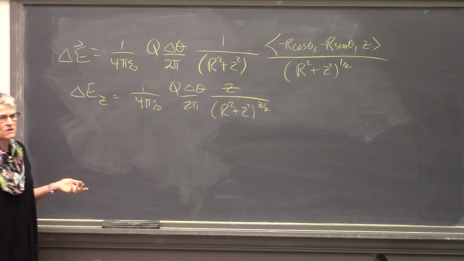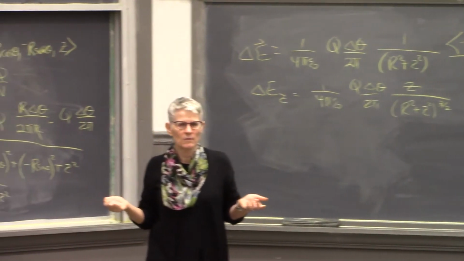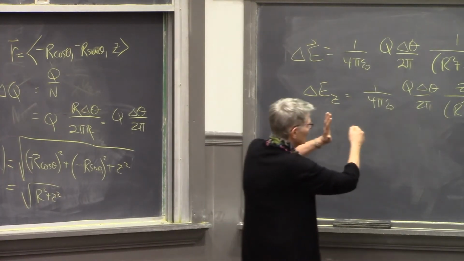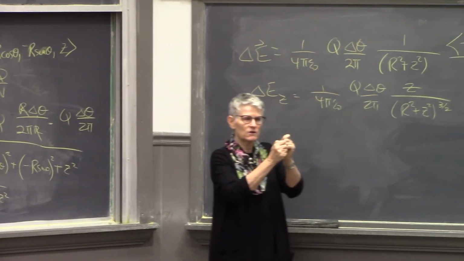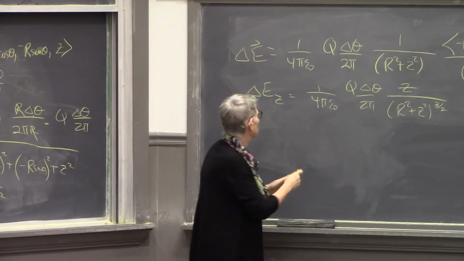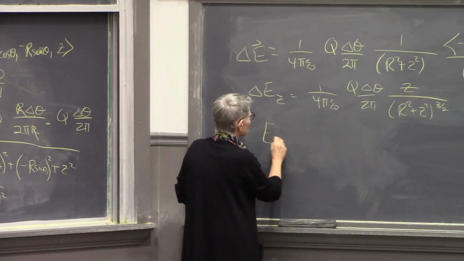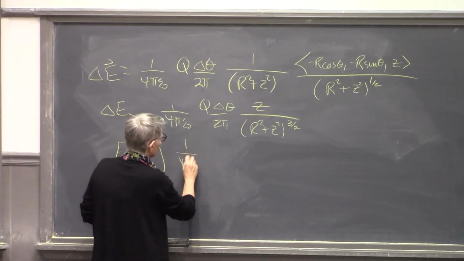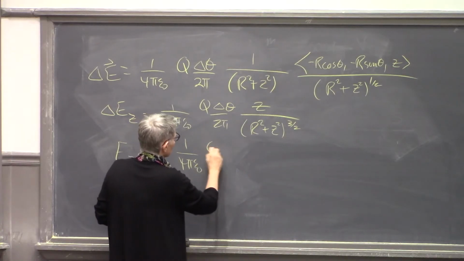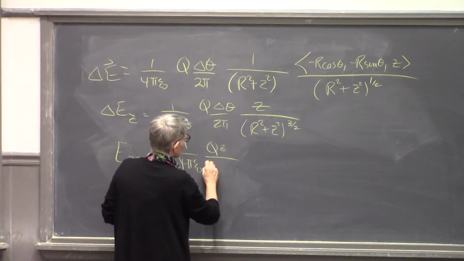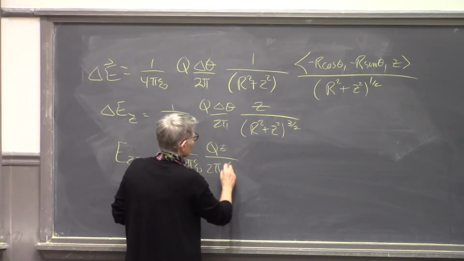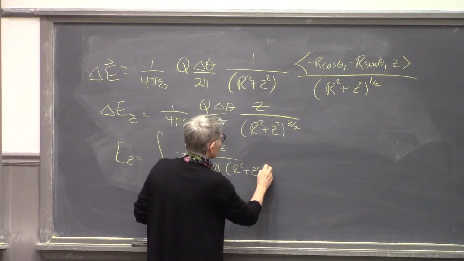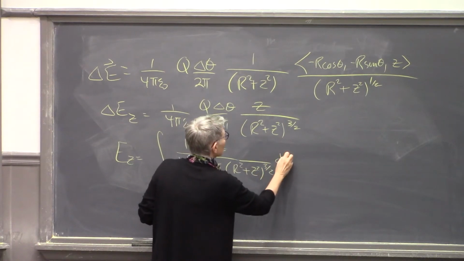And so we could turn this into an integral, presumably. We just let delta theta get really small and turn into a d theta. And so we would have Ez is the integral of 1 over 4 pi epsilon 0 qz over 2 pi, r squared plus z squared to the 3/2 d theta.